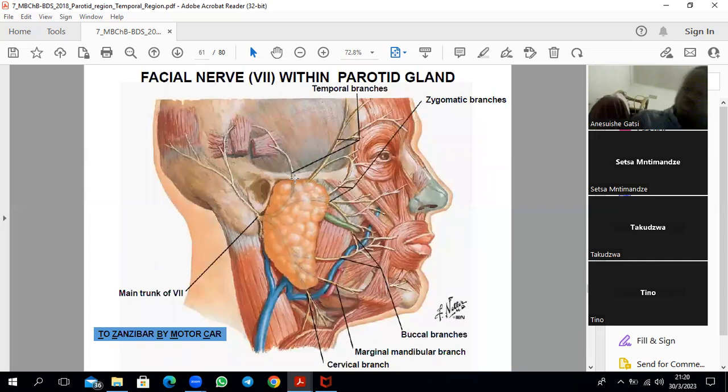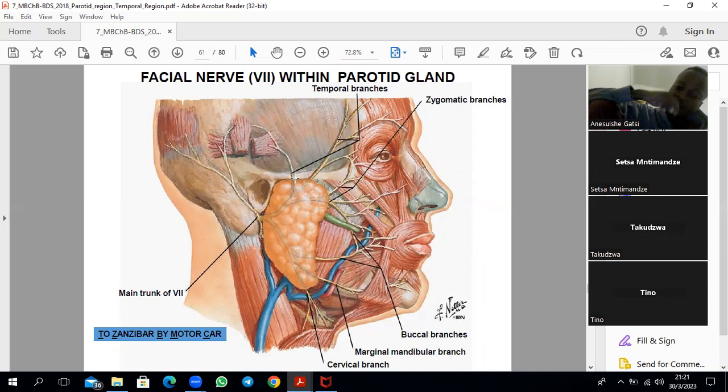Do you think you can palpate your parotid gland? No. Why not? You're correct.